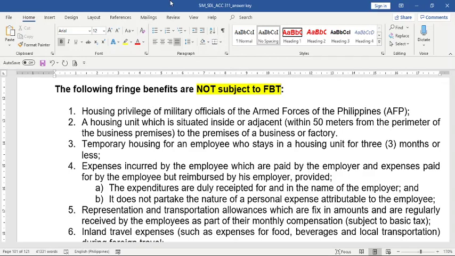And then, we also have the housing unit which is situated inside or adjacent, within 50 meters from the perimeter of the business premises or factory. So they are not subject, as long as within 50 meters. Temporary housing for an employee who stays in the housing unit for three months or less is not subject either. Three months or less.